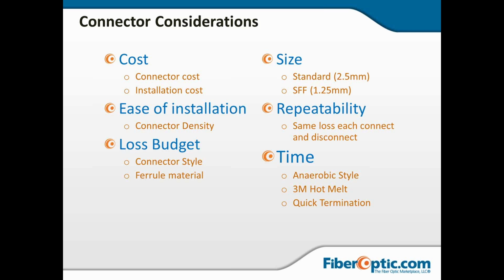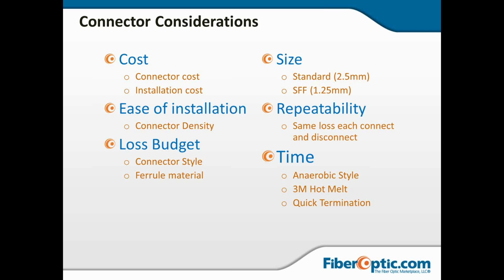That standard and specification is pretty small for the amount of difference that's allowed, and most connectors will have a pretty good repeatability. I think that LCs in the small form factor world probably have the best repeatability, then SC after that.